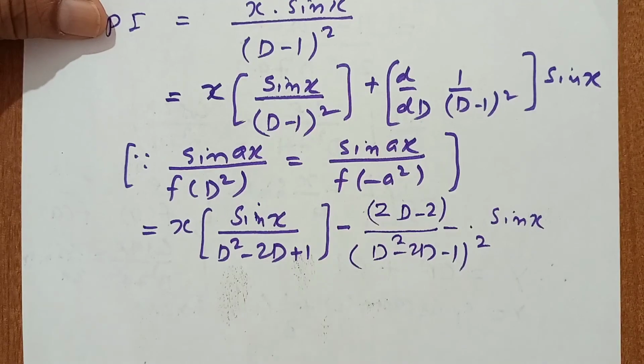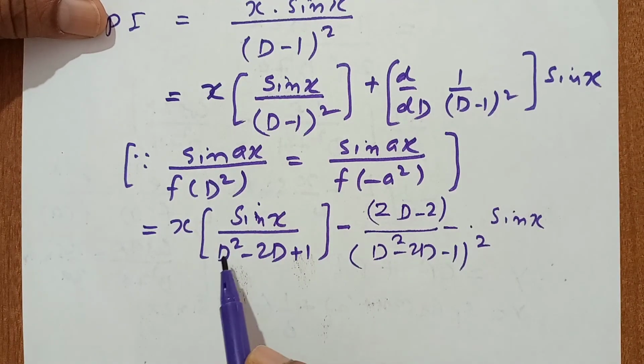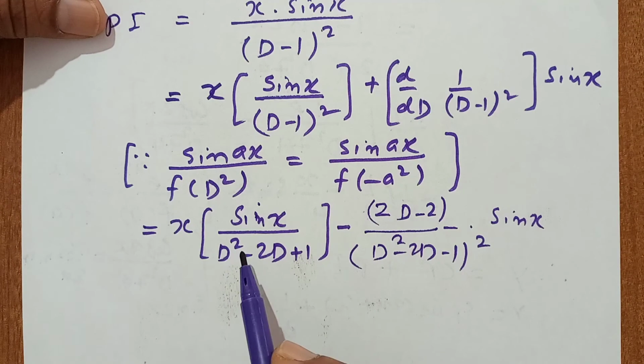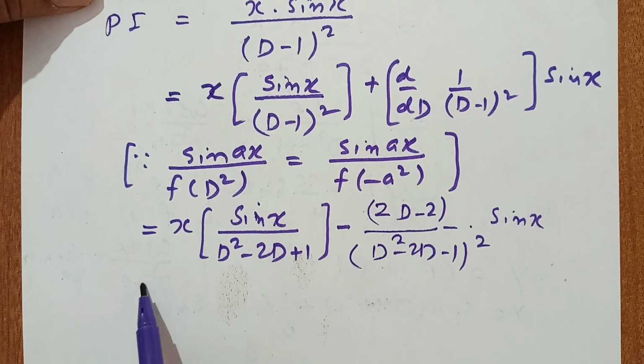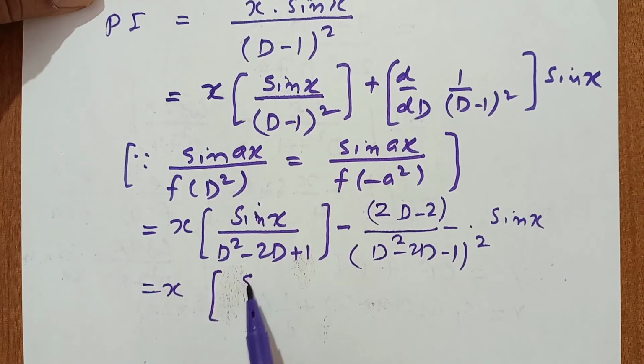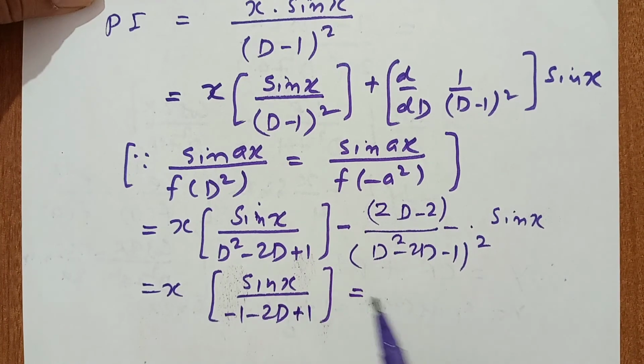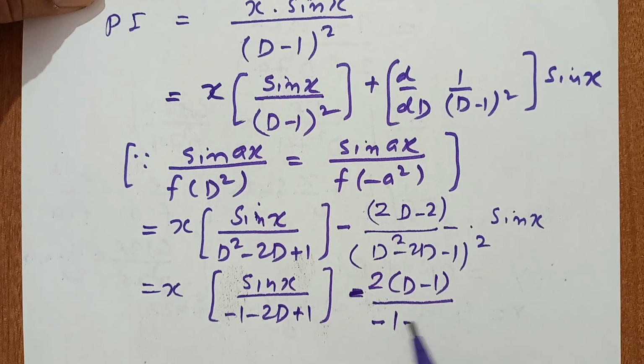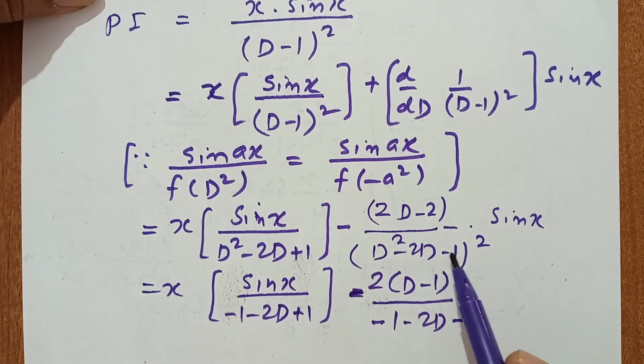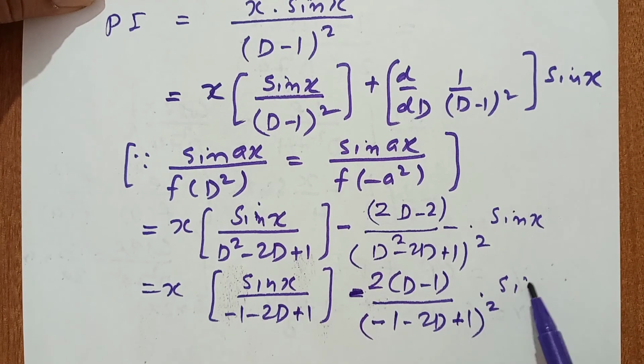Here we will use the formula: in place of D squared put minus a squared, and a is 1. So this equals x sin x upon minus 1 minus 2D plus 1. Similarly, minus 2 (D minus 1) upon, here also in place of D squared minus 1, minus 2D plus 1, into sin x.